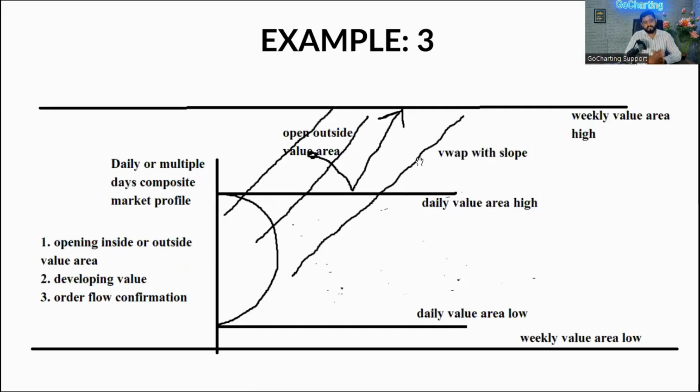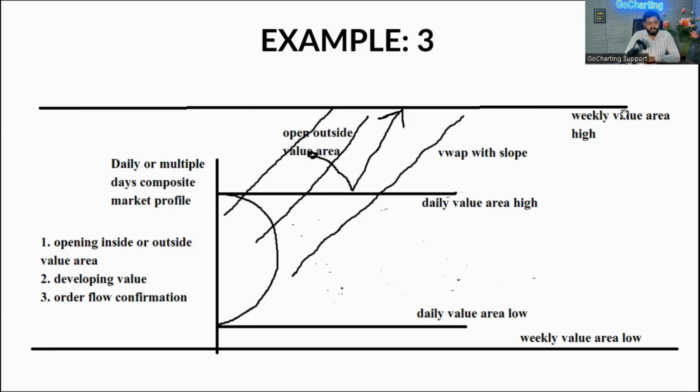Now you see, friends, you are making the value area based on the daily profile. Now in market profile, you can also create weekly profiles, monthly profiles, annual profiles, right? So there is a lot of interplay, and you can actually understand it properly if you understand this concept. So now suppose this is your weekly value area low, and this is your weekly value area high.